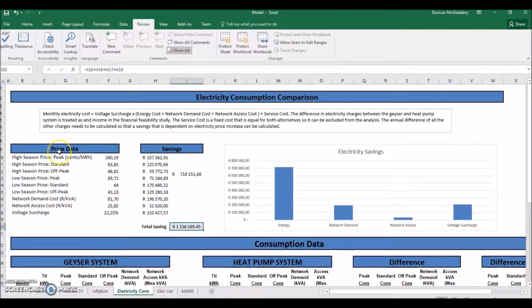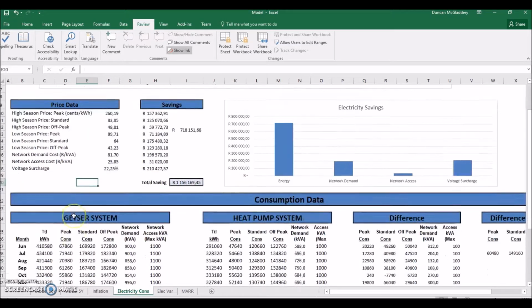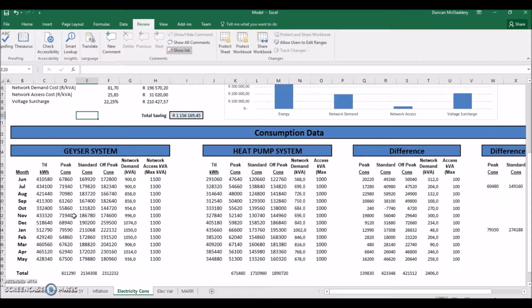In order to calculate this initial electricity savings, I extracted the price data for the 4 different costs that are associated with electricity, which are energy, network demand, network access, and voltage surcharge. I then plotted these values in this chart. I then needed to calculate the difference in consumption between the geyser system and the heat pump system. That was very easy to do, and they can be seen in this table over here.